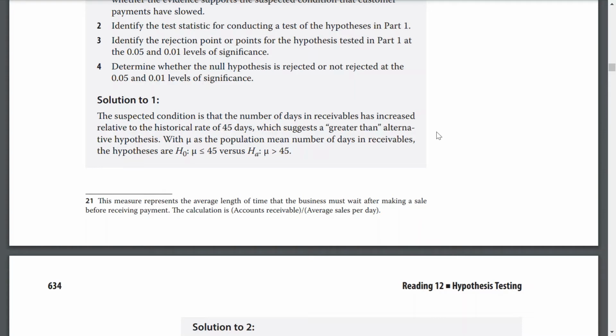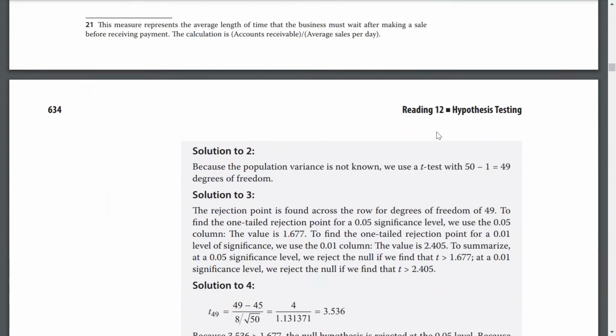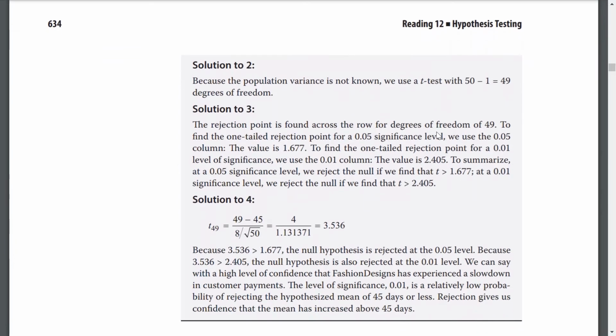Solution to 2: because the population variance is not known, we use the t test with 50 minus 1 equals 49 degrees of freedom. Solution to 3: the rejection point is found across the row of degrees of freedom of 49.